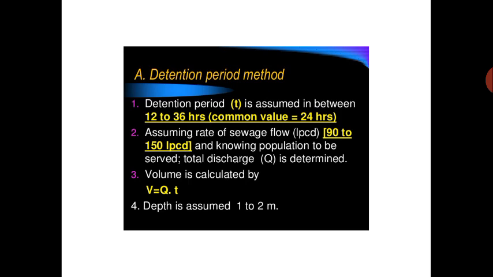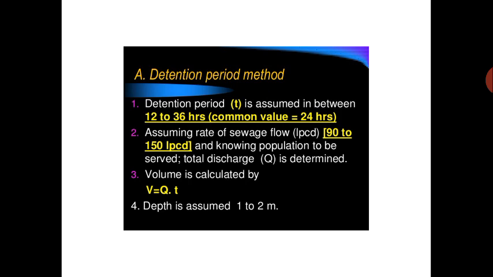Once you have the total volume of the tank, assume a depth of around 1 to 2 meters. Then take the length L equal to 2 times the breadth B. The area can be calculated as volume divided by depth.